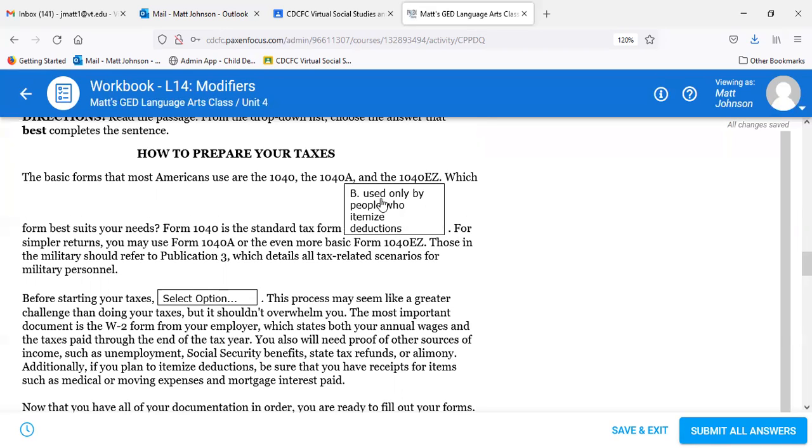Here we're modifying people with only. So used only by people who itemize deductions. That's a specific group of people who are itemizing their deductions. For simpler returns, you may use Form 1040A or even the even more basic Form 1040EZ. Those in the military should refer to Publication 3, which details all tax-related scenarios for military personnel.